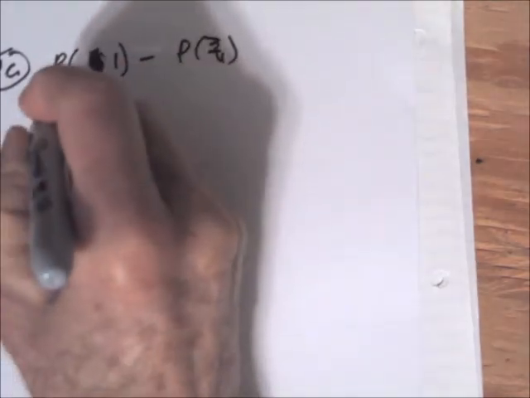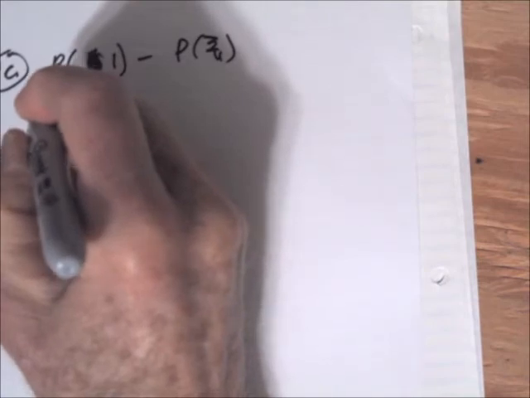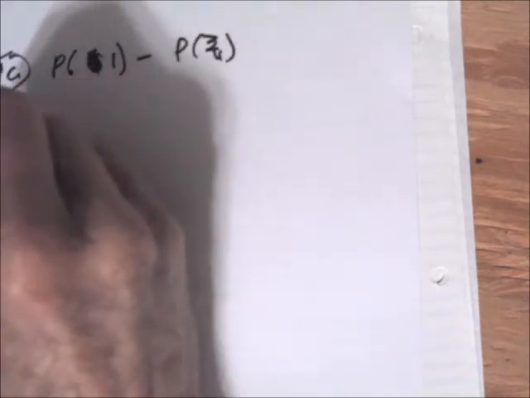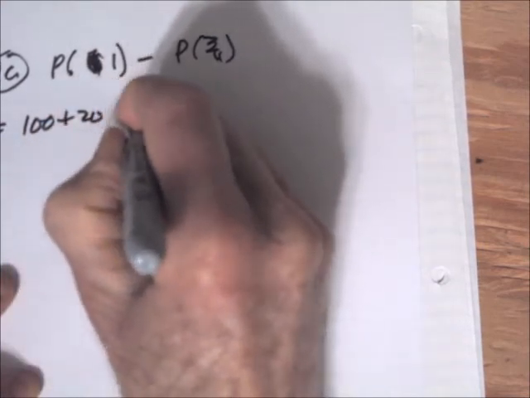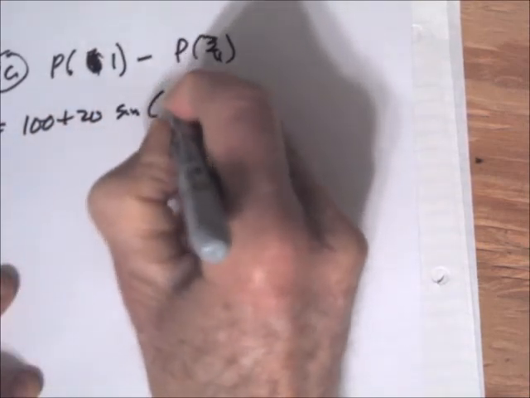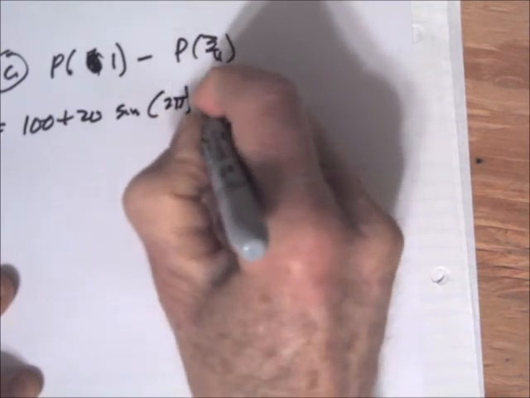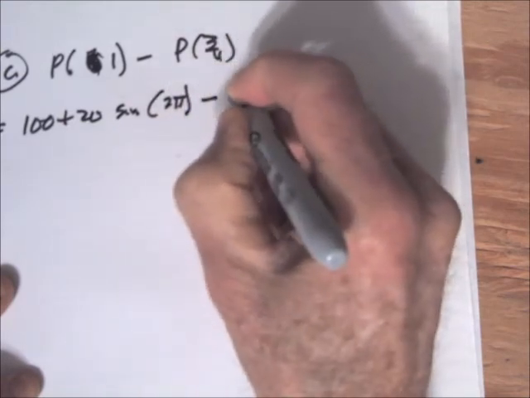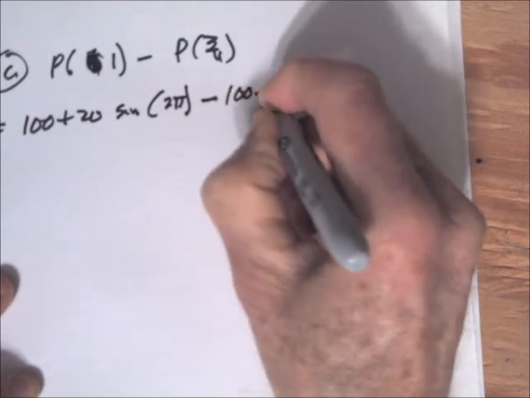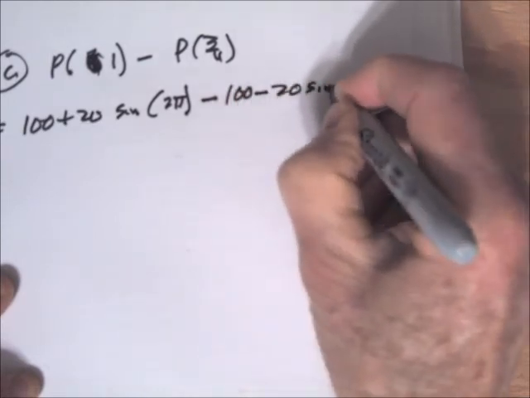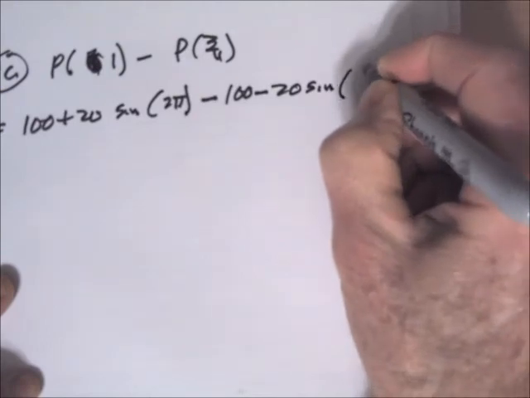Okay, so p of 1 is 100 plus 20 sine of 2 pi, minus p of 3/4, which would be 100 minus 20 sine of 3 pi over 2.